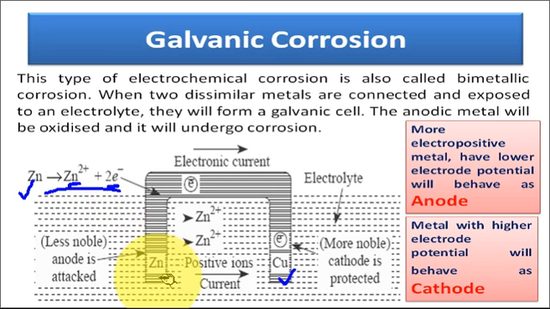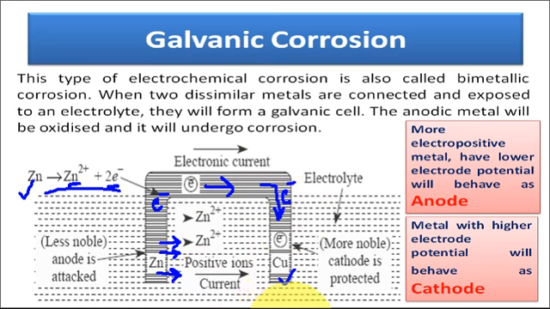So here, zinc part oxidation takes place and zinc is converted into zinc ion, and zinc ion goes into the solution. So from the zinc rod, zinc ion goes into the solution and electrons are released. The electrons which are released at the anode flow towards the cathode. So now electrons are moving towards the cathode here.